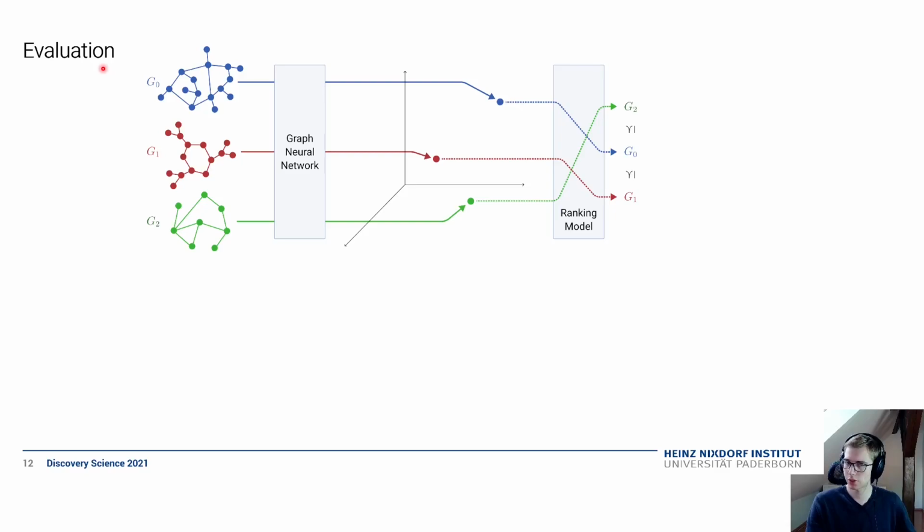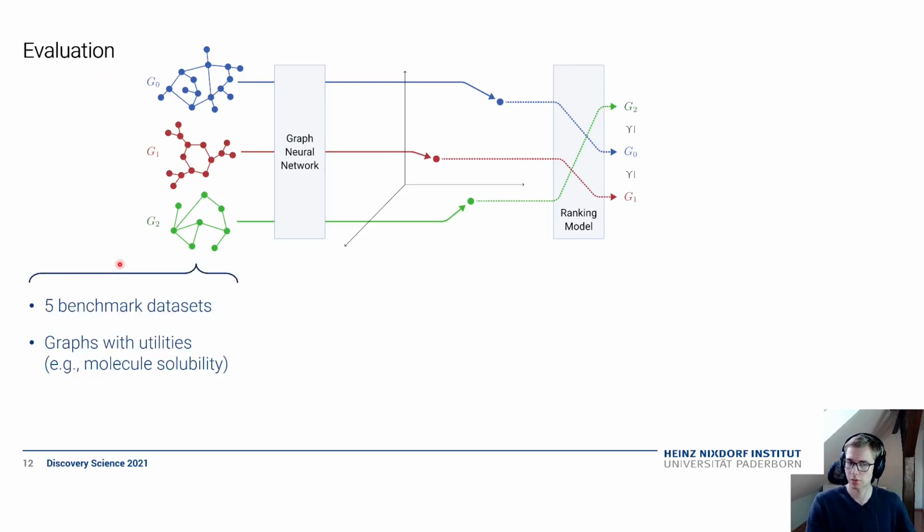To evaluate RankGNNs, we use a set of 5 benchmark datasets, which all consist of graphs with given target utility values. For the GNN component of our architecture, we use 3 different types of convolutions. All 3 are spatial convolutions, 2 simple neighborhood aggregation based ones and 1 higher order one.